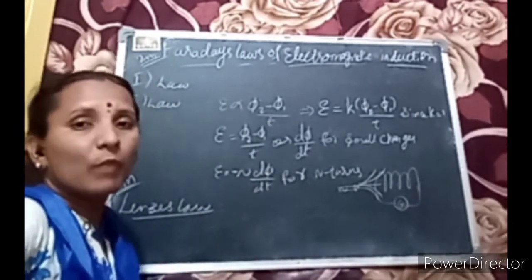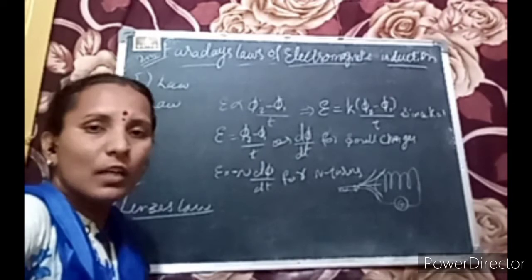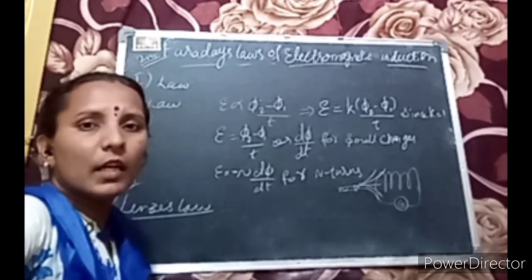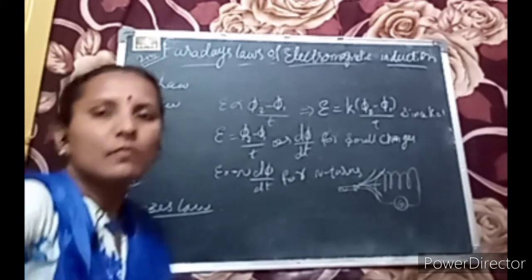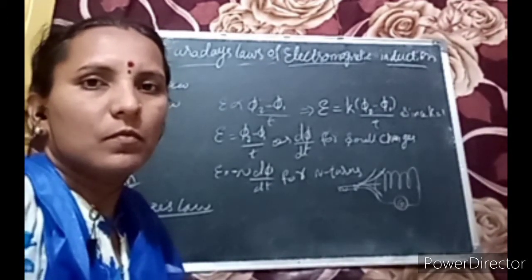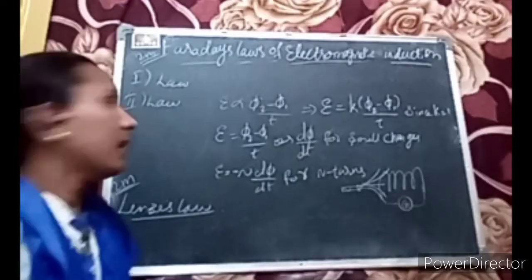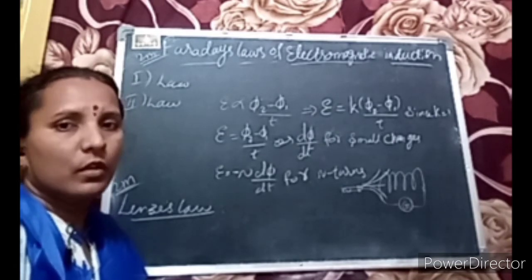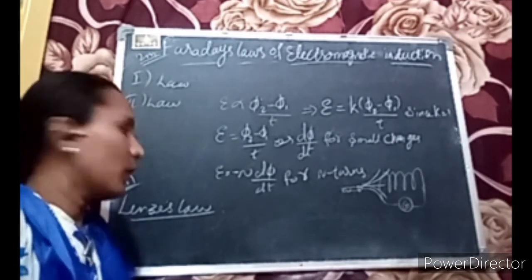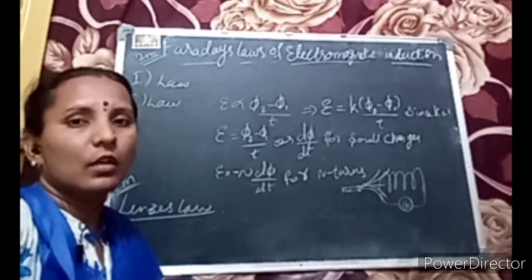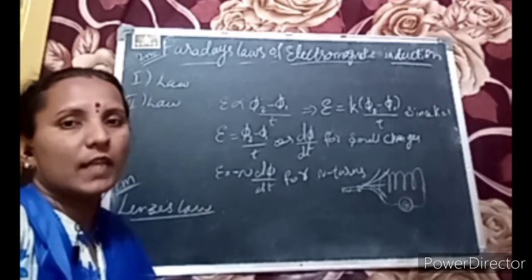What is the meaning of the minus sign? Very important: the negative sign indicates that the second law says the EMF induced in the coil, not the current, the EMF, is always opposite to the magnetic flux which has produced it.